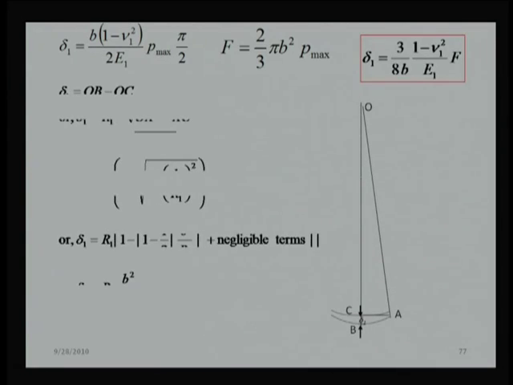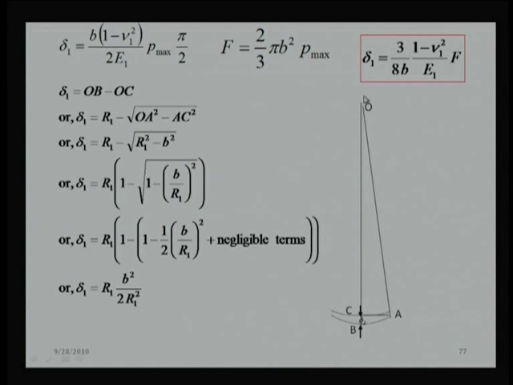Now, what do I say about the simplification? That simplification can come from the geometry. We know very well that this deflection needs to be much lesser than the radius of the sphere. That is why I say that OA is a radius and OB is a radius, and when it deflects to some extent, after deflection this sphere is getting the shape of OC, so there is a deflection this much inside. Now, that can be represented as OB minus OC. This is OB minus OC, that is the deflection.